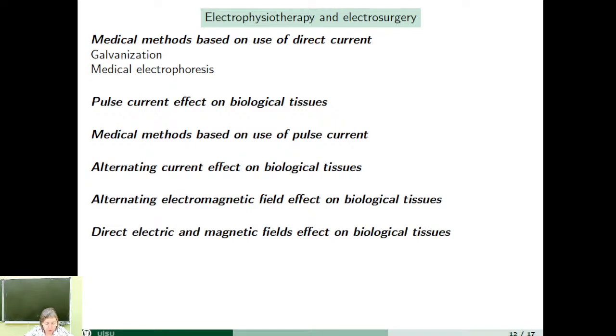During diathermocoagulation, blood vessels are sealed due to the effect of coagulation. During diathermotomy, a sharp electrode acts as an electrical knife, which cuts tissue by burning it.